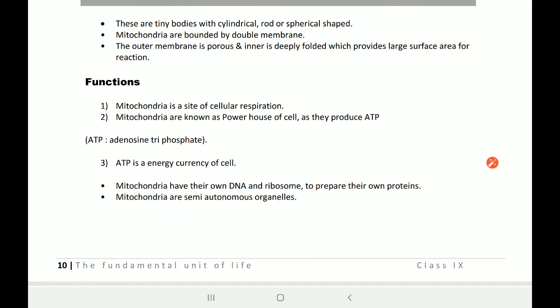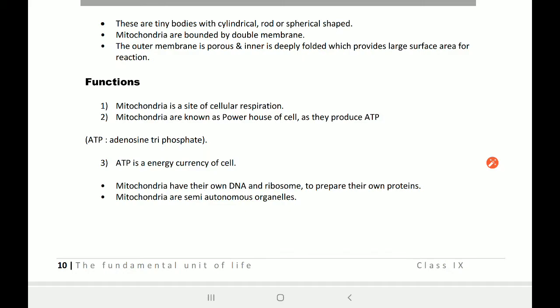Function: mitochondria is the site of cellular respiration. What do you mean by cellular respiration? Let me tell you, respiration is not just breathing. Remember that. Respiration is taking in oxygen, converting it to energy, and releasing carbon dioxide.